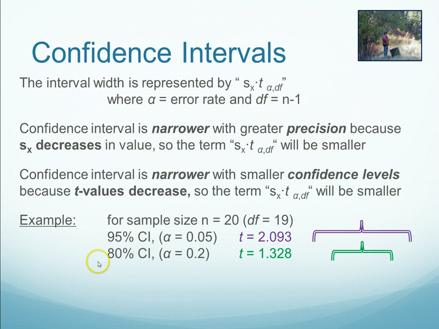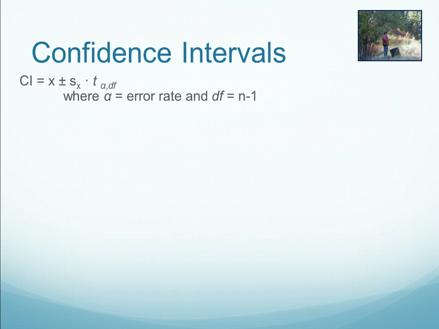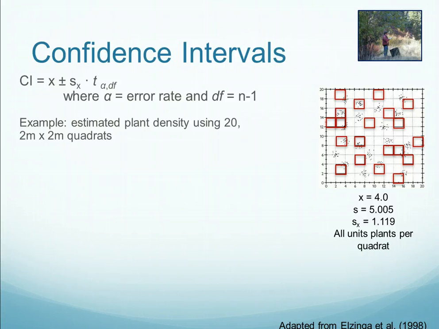For an 80% confidence interval with an alpha value of 0.2, the t-value is 1.28. And simply by changing the value of the t term in this larger term, the interval is going to be smaller.